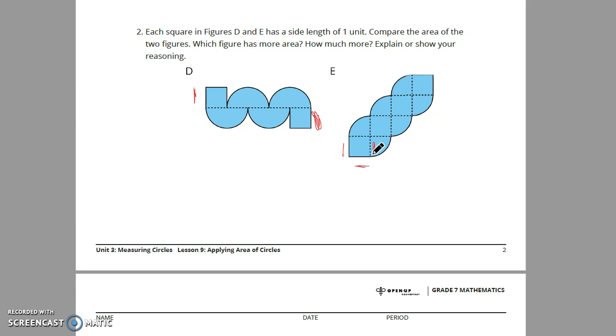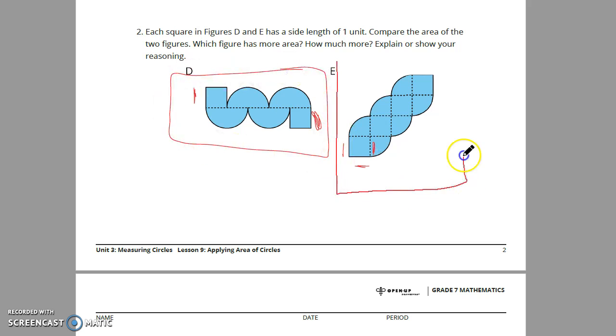Just as we did a few days before, we had the floor plan, which we reconstructed to have a bunch of different squares in it. I want you to look at these figures to see how you can put them together into polygons that you already know. So like for figure D right here, we know that there's probably at least 2 circles in there. We know there's 4 half circles.